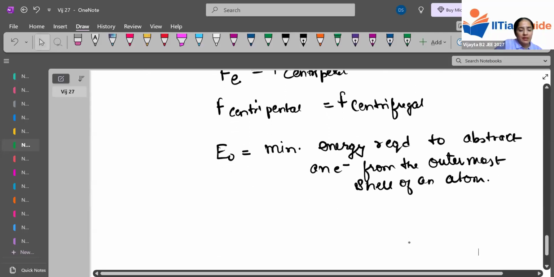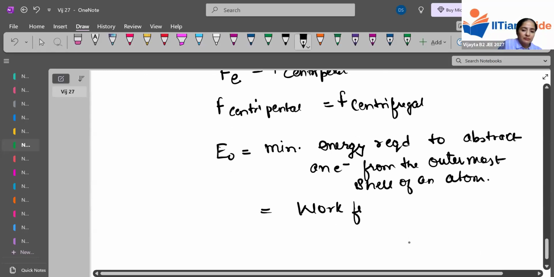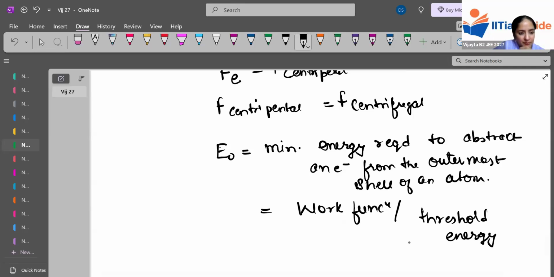It can also be called the work function, or it can also be called the threshold energy. Let us represent it as E naught.